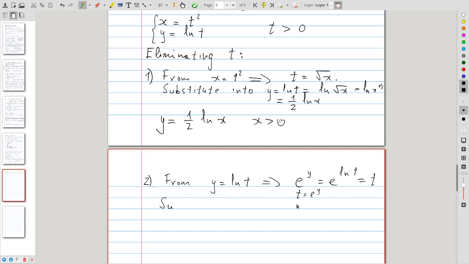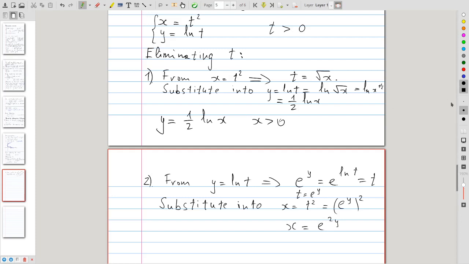So this is the expression of t in terms of y, and then we can substitute into x equal to t squared, and in view of this expression for t, we have x equals e to the y squared, or equivalently x equals e to the 2y.